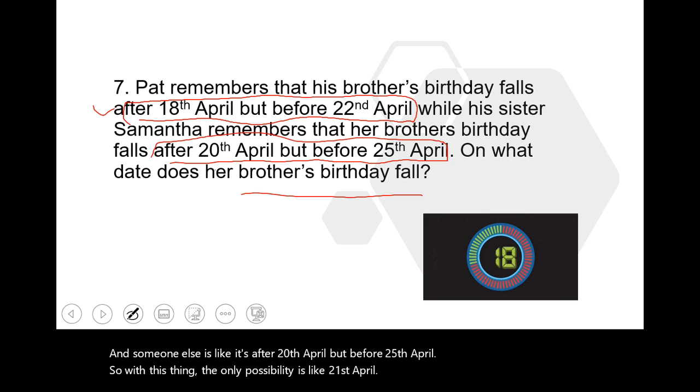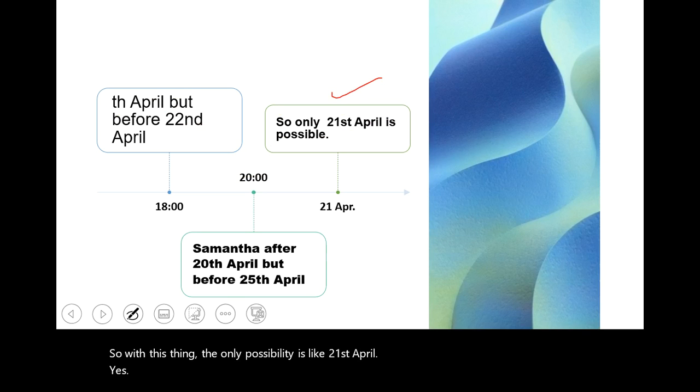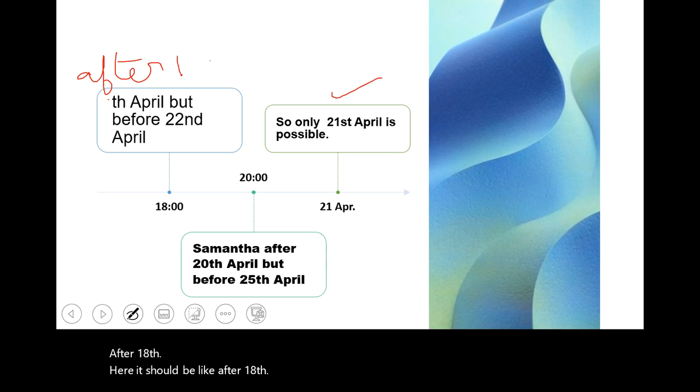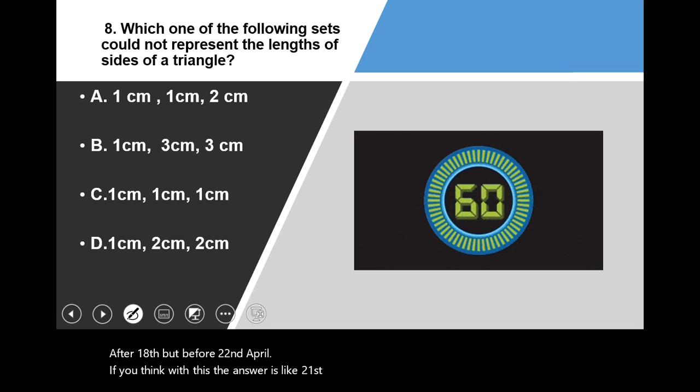It's after 18th, but before 22nd April. If you think with this, the answer is 21st April. Now let's go to the next question.